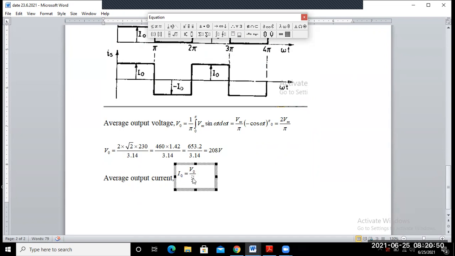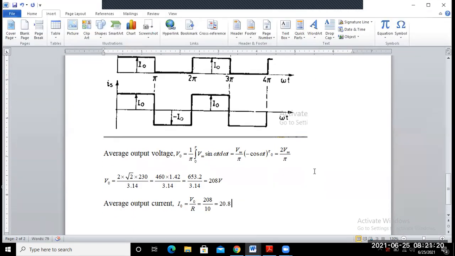So just put here the value of average output voltage and resistance. So 208 divided by, what is the resistance value? Resistance value is your 10. So this one equals 20.8. So this way we can find out the average output voltage and average output current.